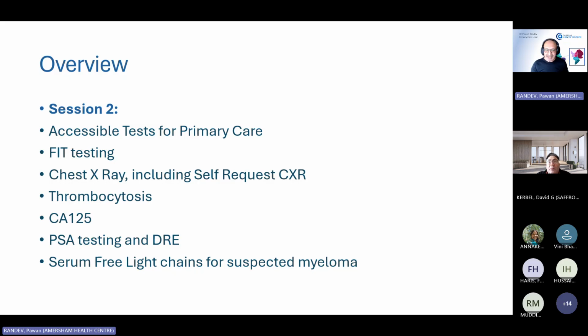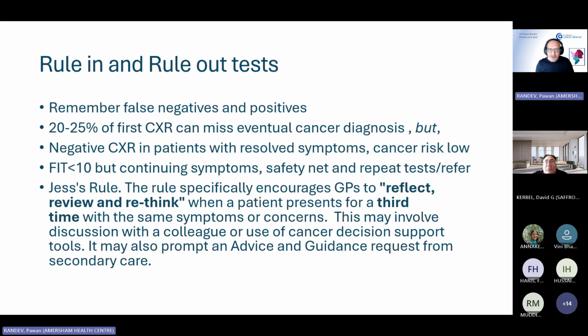I'm going to pick out some things that are important because of the nature of the cancer that we're testing for, other things that are important because we commonly request them or get those results, and they might help in interpretation. So without further ado, let's make a start and look at what we're doing when we think about cancer tests.